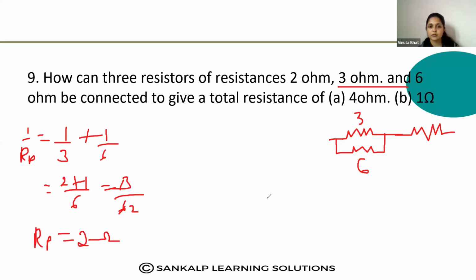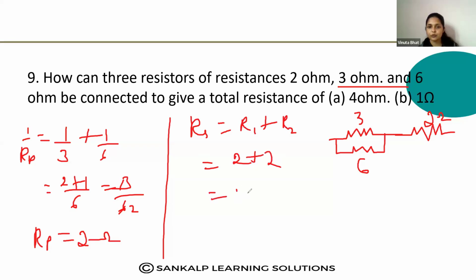The total resistance of the parallel connection is 2 ohm, and the series connection has one more 2 ohm resistance. Rs is equal to R1 plus R2, so 2 plus 2, that is equal to 4 ohm.